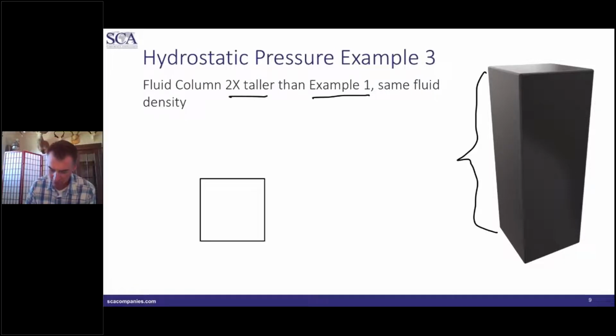In example 1, the weight of the fluid was 400 pounds. And I multiply that, since it's twice as high, now it's the same density fluid, but now it's 800 pounds of fluid. And that is acting over 1 inch squared.